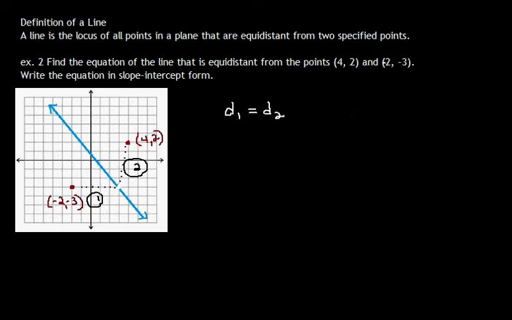Some random point here, and that's going to be equal to the distance from this point and the same random point here. So we're going to find the distance from here to here and set it equal to the distance from here to here, and that will give us an equation of a line.